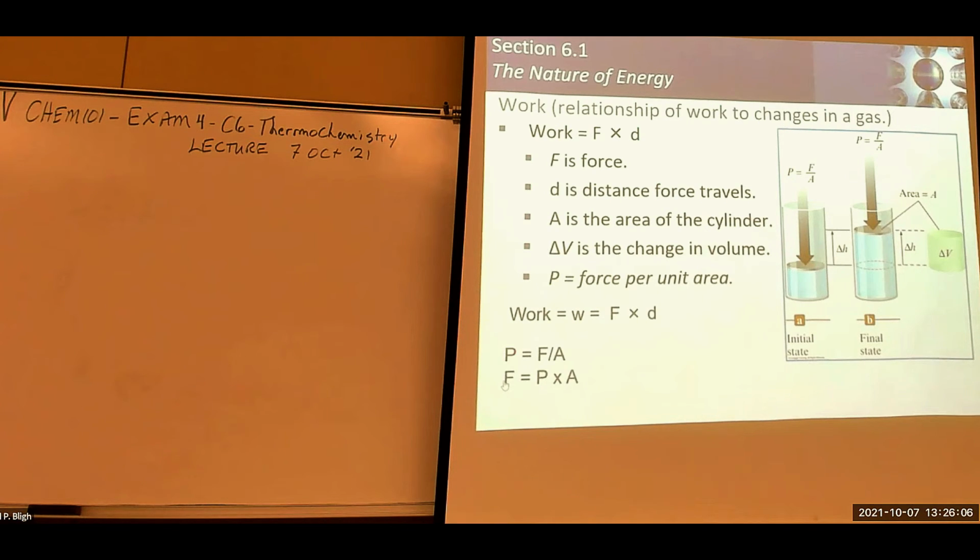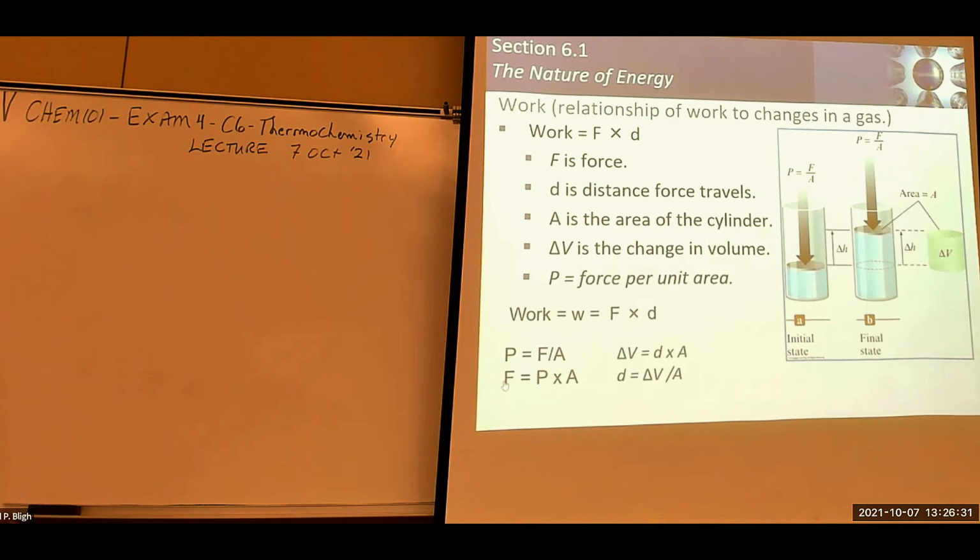And we have pressure also by definition is equal to force per unit area. And if we solve for force, then F equals P times A. And we can plug that expression right in here for that F. So P times A times D is work.